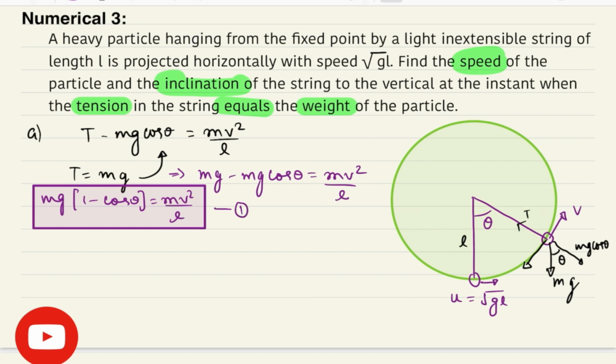Now apply the equation based on conservation of energy.